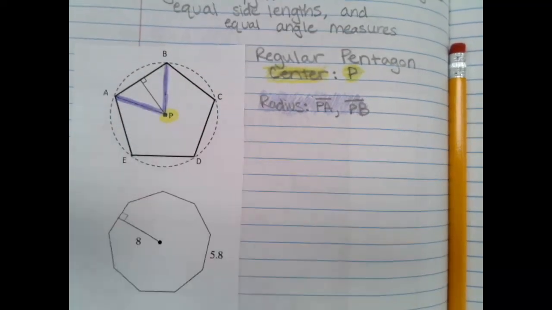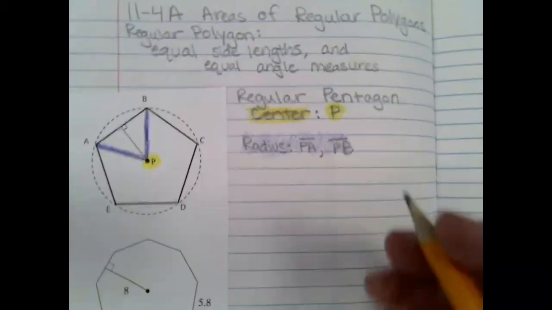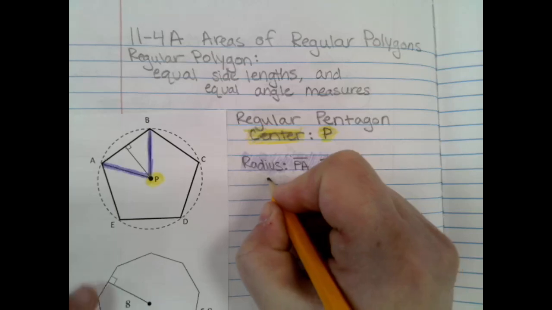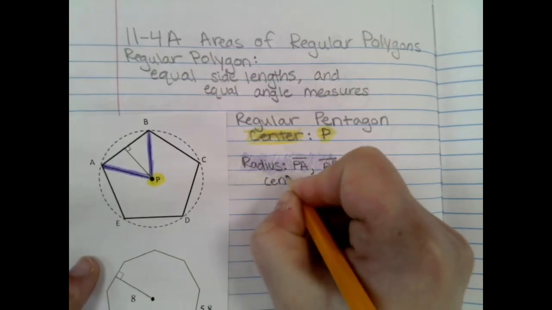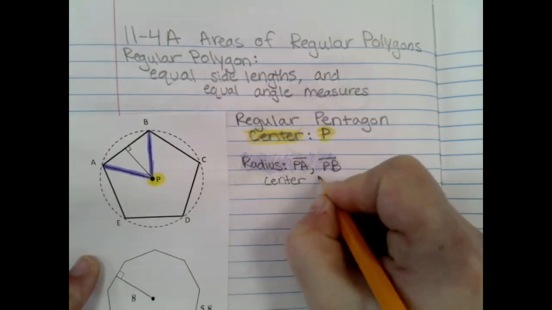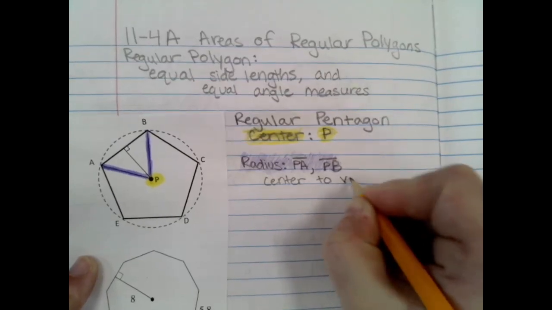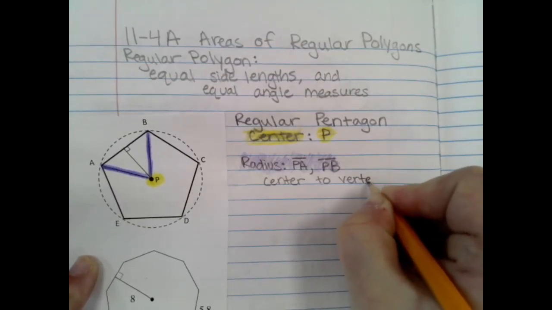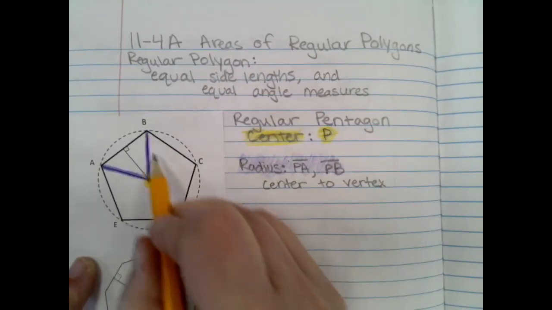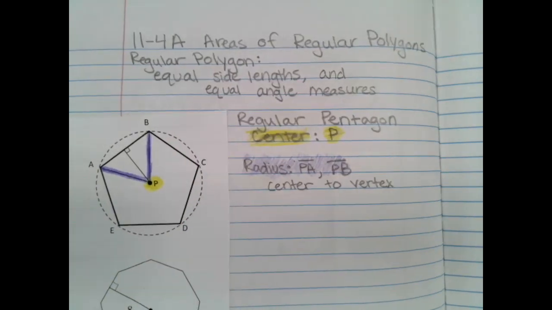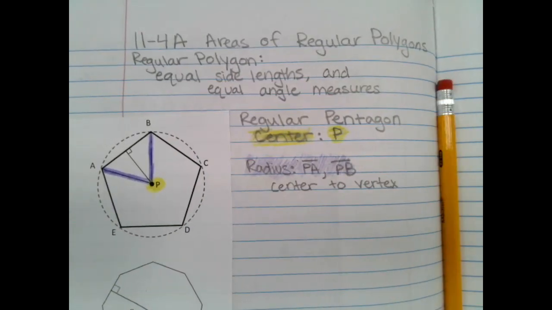But normally the radius goes from the center to a vertex, or center to an outside point. I'm going to say center to vertex. And a vertex means one of the outside points. So if we wanted to draw in another radius, we could go P to where else?